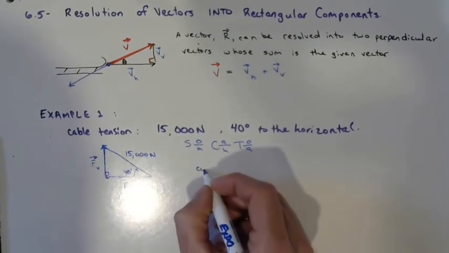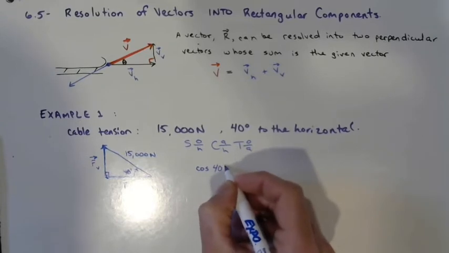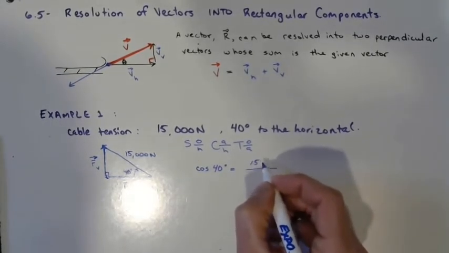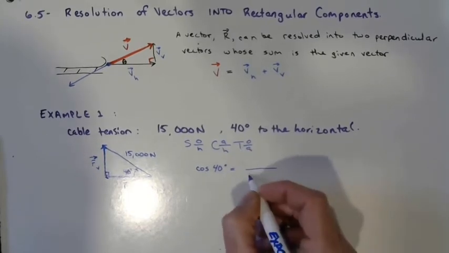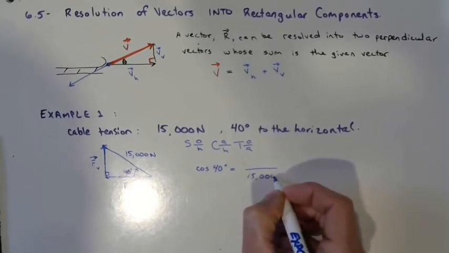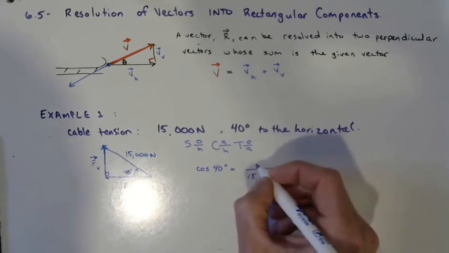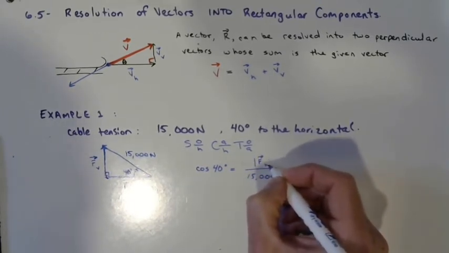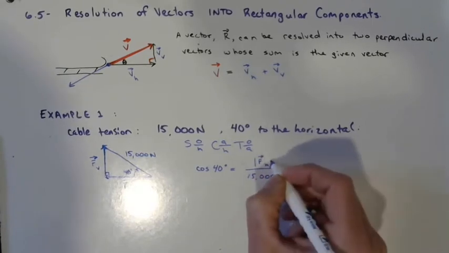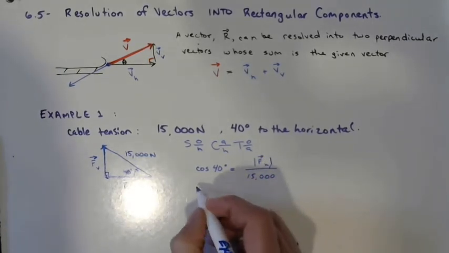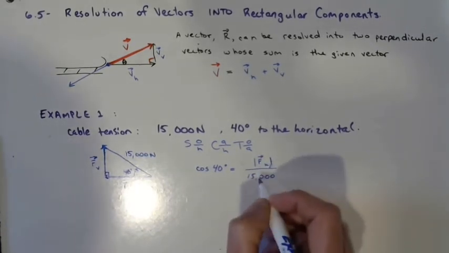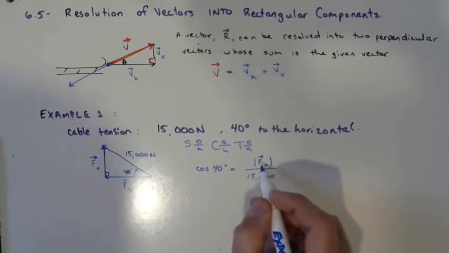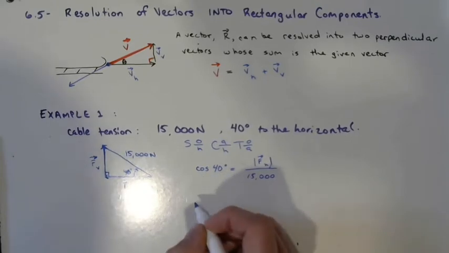So we have the cosine of 40 degrees is equal to the hypotenuse at the bottom, in the denominator, we have 15,000. And in the numerator, we have the magnitude of force H. All right, so that means if we're in a division triangle, the force H divided by 15,000 equals cos 40.